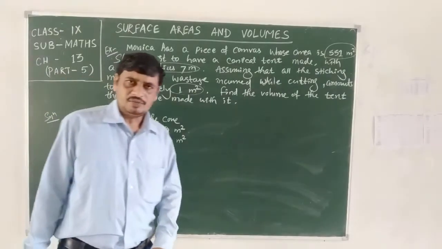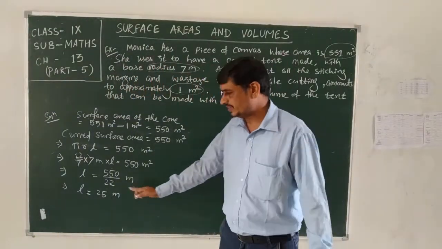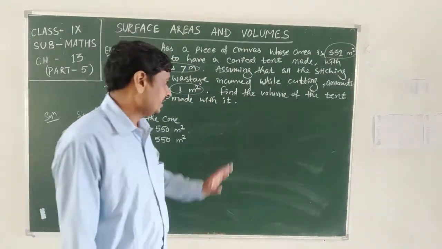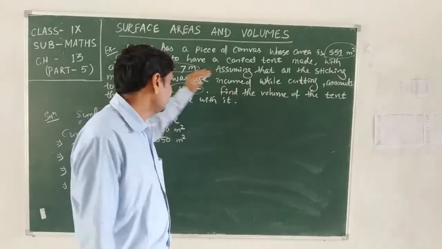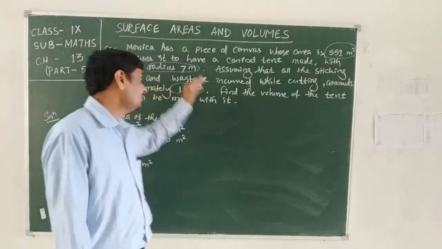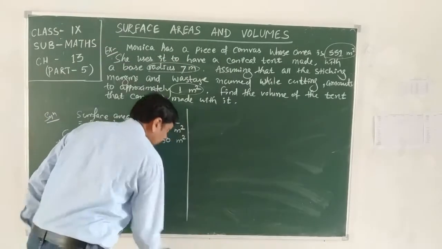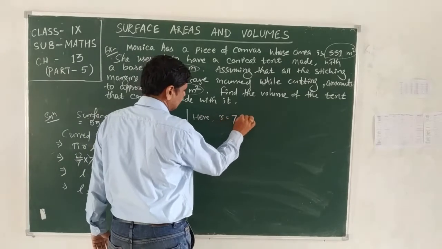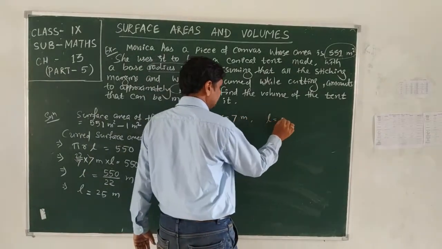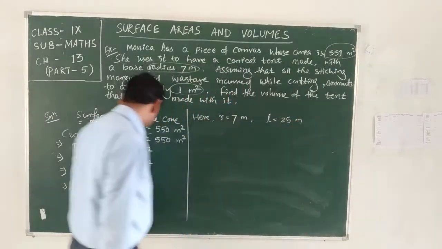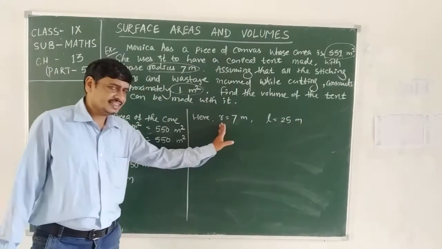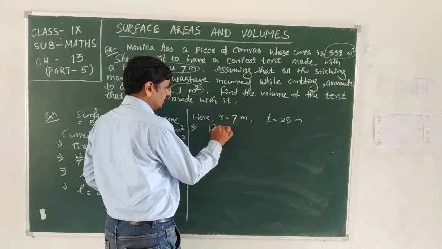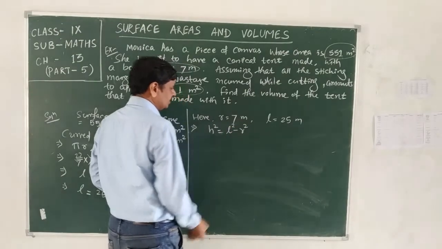Now we have the value of slant height. That l is 25 meters. From this slant height and the given radius, we can get the height of the pole. Here, radius is 7 meters and slant height is 25 meters. This implies h square becomes l square minus r square.